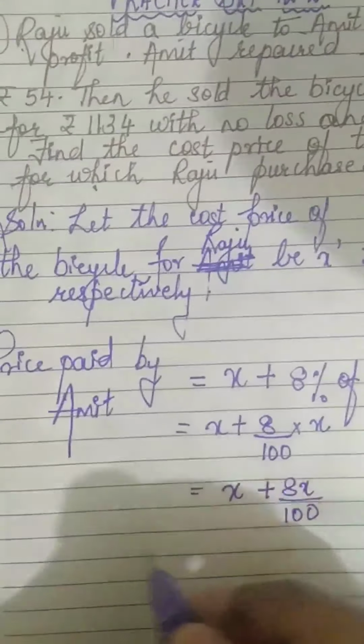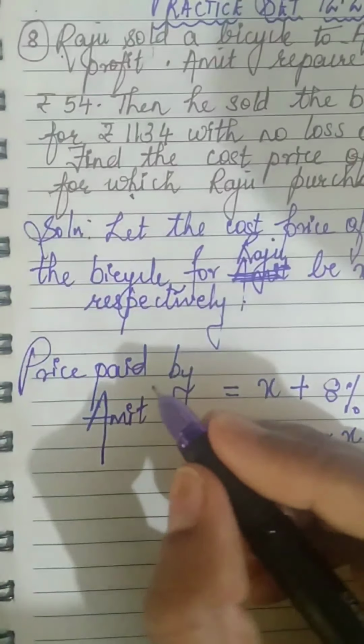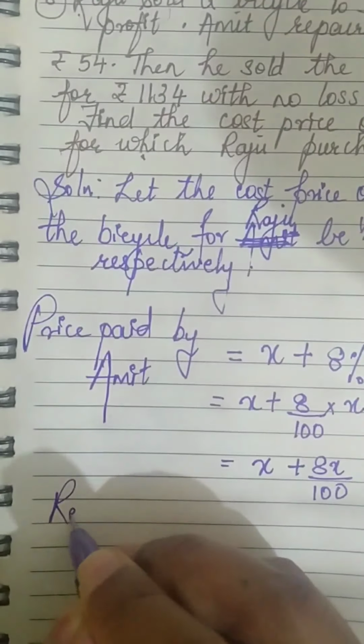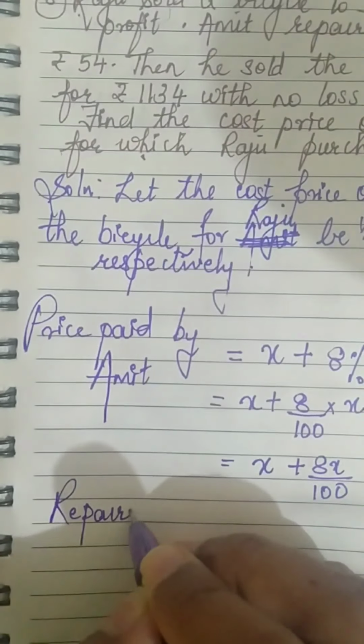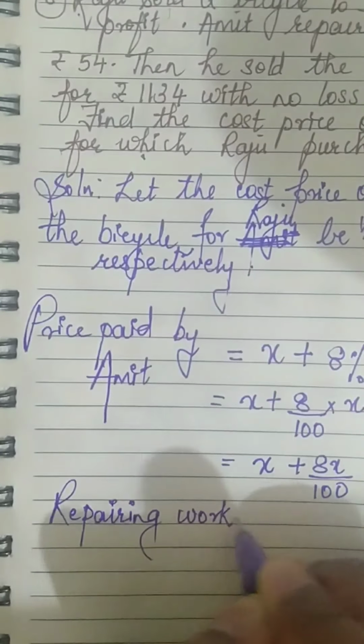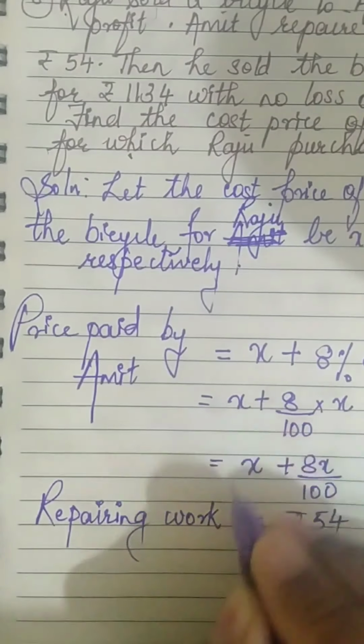Okay. But what was the total price paid for the bicycle? He had to do some repairing work also, no? How much did he have to pay? Rupees 54. So that also will be added here.